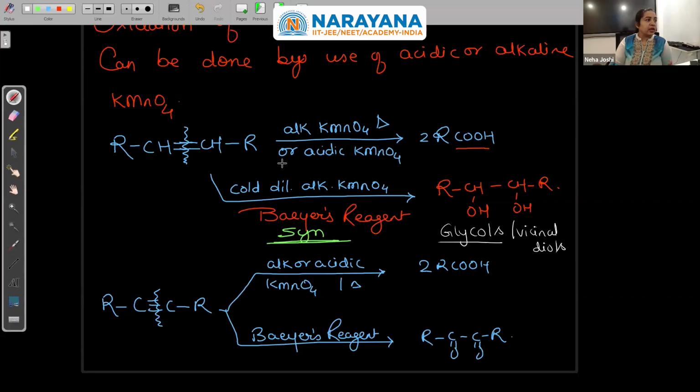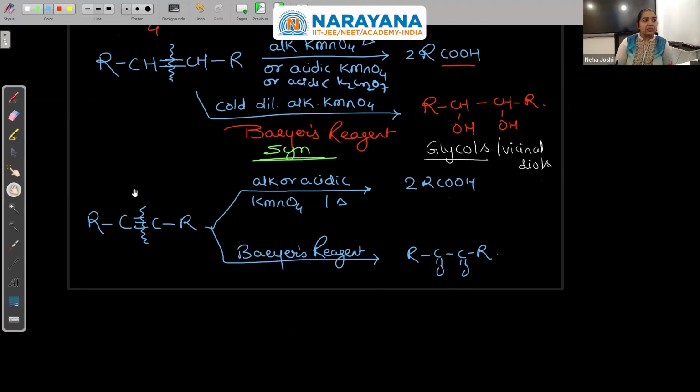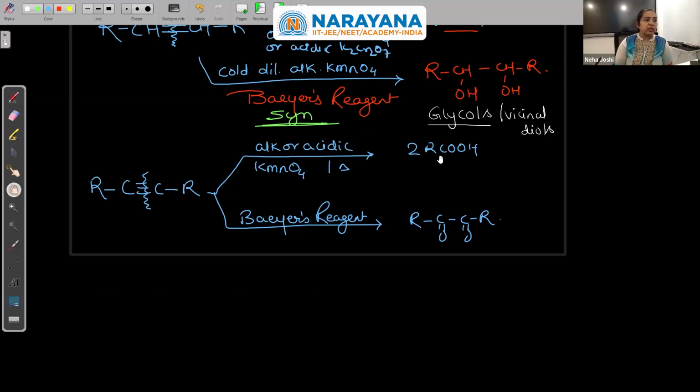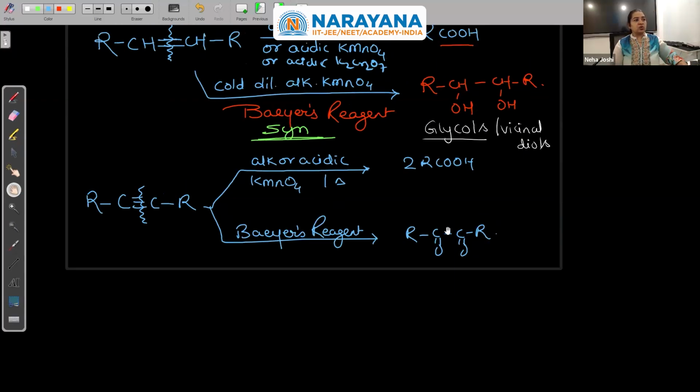But of course, I have to add acidic KMnO4 or acidic K2Cr2O7. Any of these will give you RCOOH, acid. So coming to this again, if alkynes are subjected to same way, break them, form acids. With Bayer's, they will form RCOCOR.